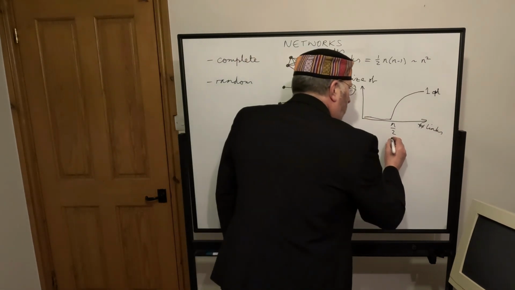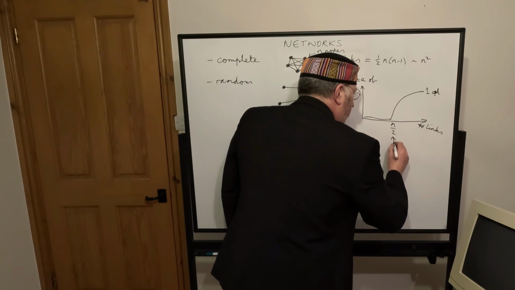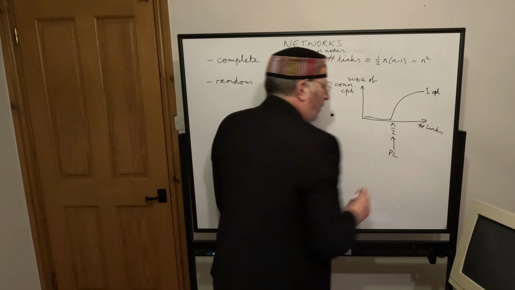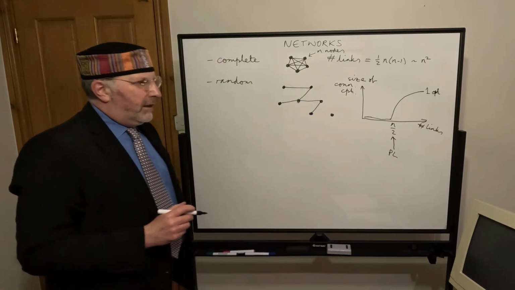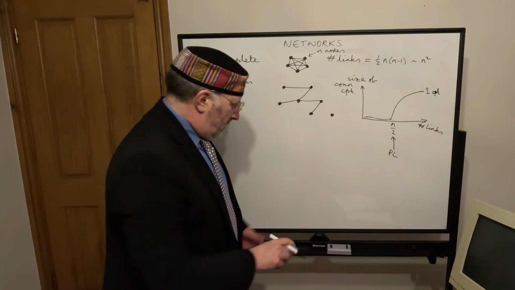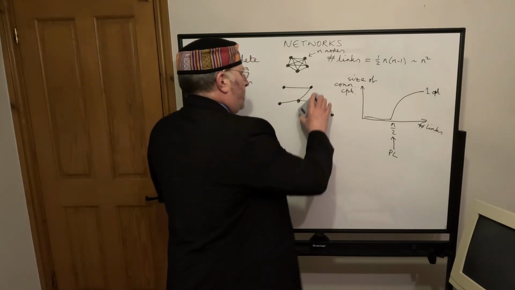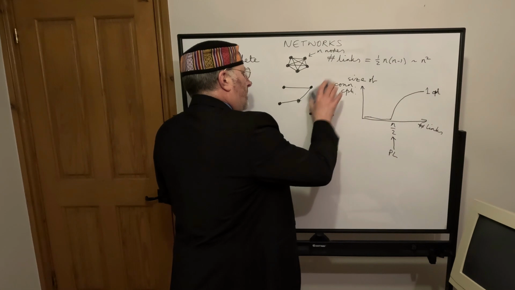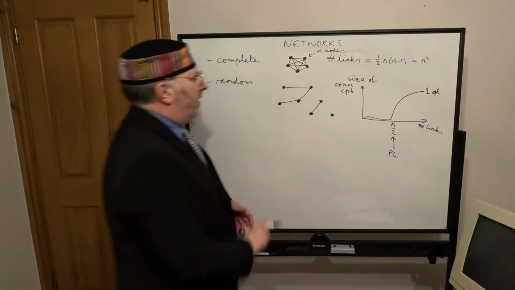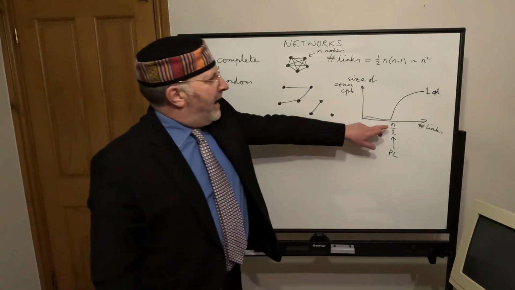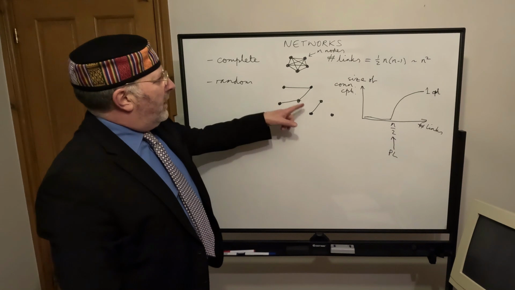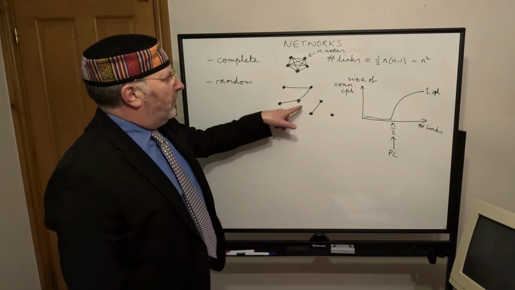And also what you find here is that at this point you have a power law in the size of the connected components. So you'll have something like this: if this is the point n over 2, we have here 7, and I've got 4 links.